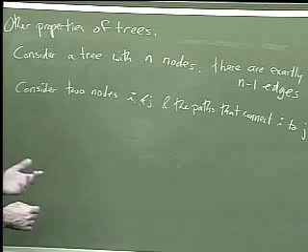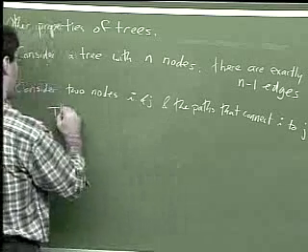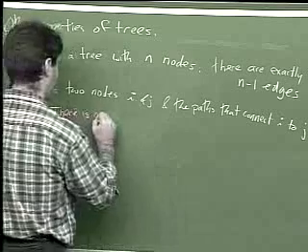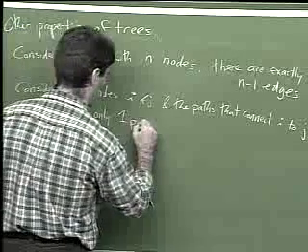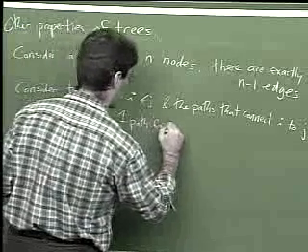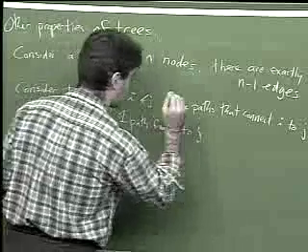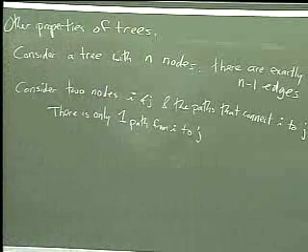There's only one, yes, it's unique. There's only one path from I to J. Okay? How would you prove that?